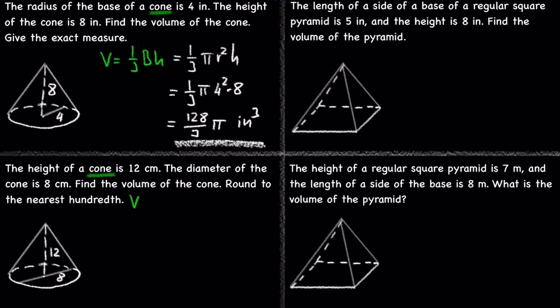Again, the volume of a cone is 1/3 times the base times the height. The base is the area of a circle, which is pi r squared.